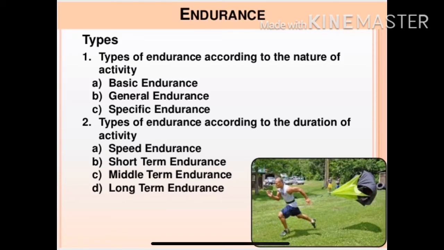This type of endurance is needed in sports where the action or movement is of longer duration, more than 11 minutes. Examples are long distance races, cross country, marathon races and cycling. These are long term endurance.